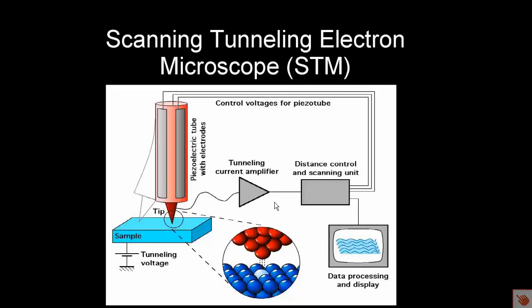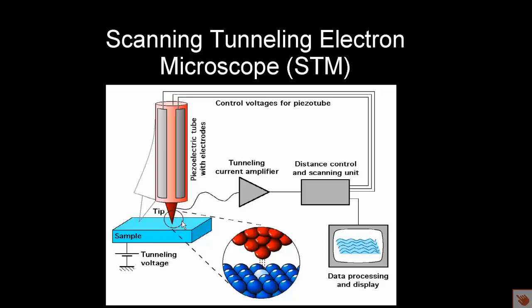Scanning tunnel electron microscopes can be used to look at the surface of samples to a very high resolution, allowing individual atoms to be resolved. The way it works is that we have a tip that is picking up the electric field from the surface.